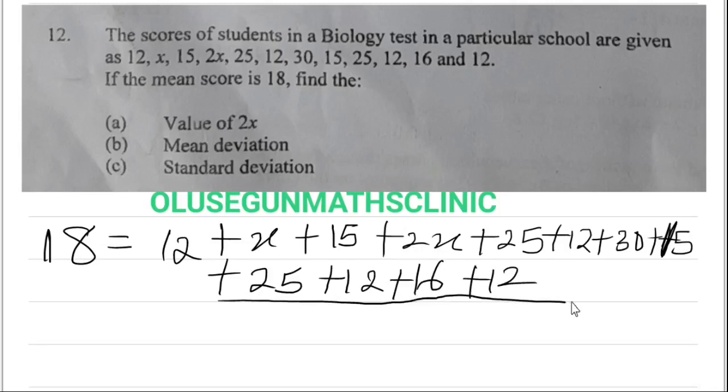Let's count to know the number of the frequency: 1, 2, 3, 4, 5, 6, 7, 8, 9, 10, 11, 12. So divided by 12.